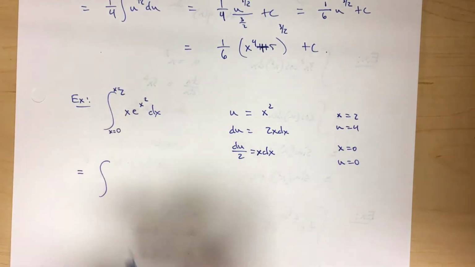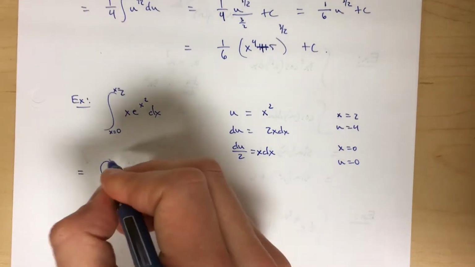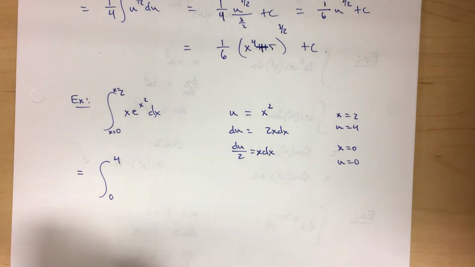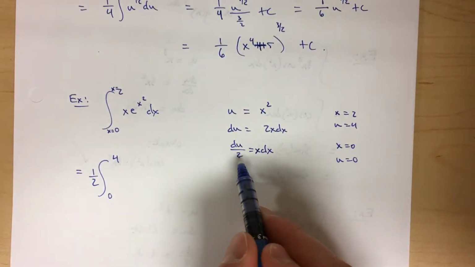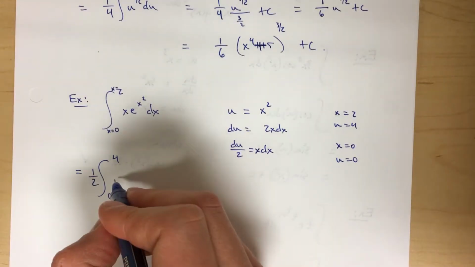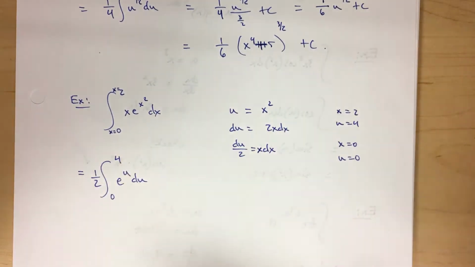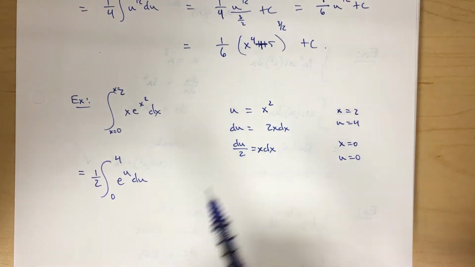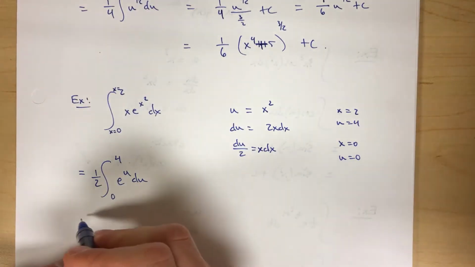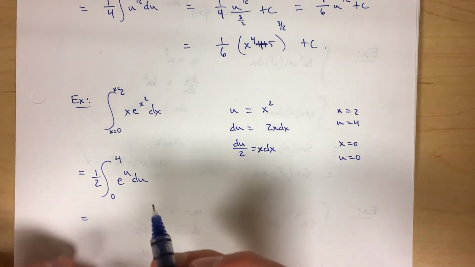And this is going to now become the integral from 0 to 4 of 1/2 e to the u du.